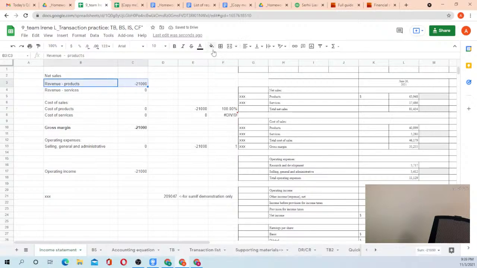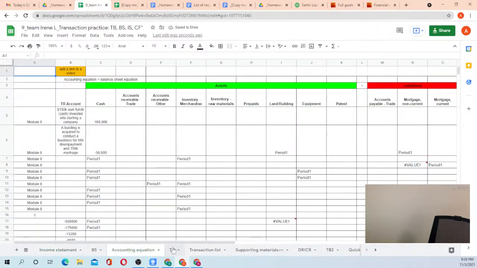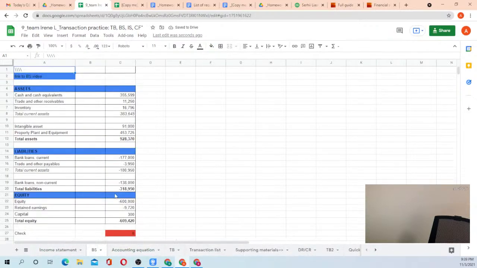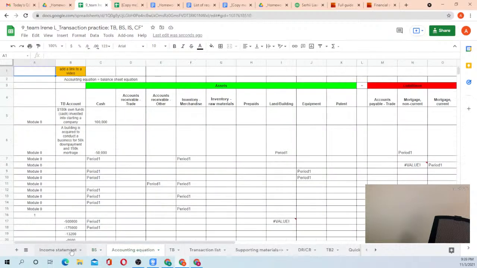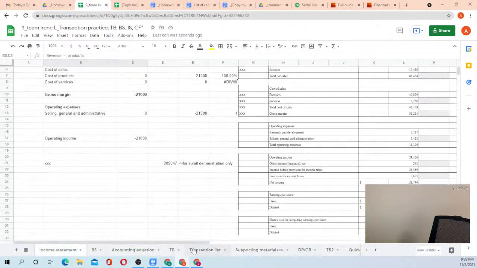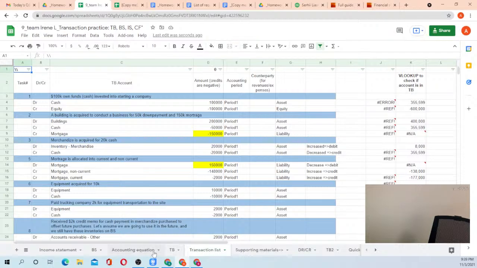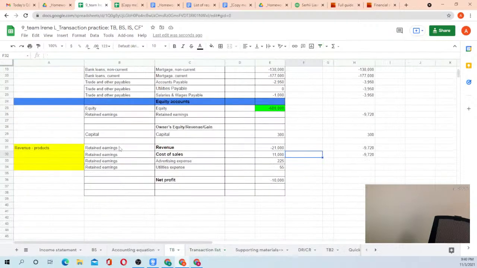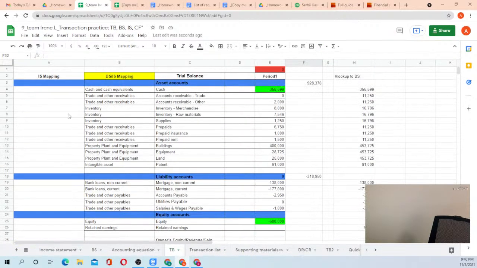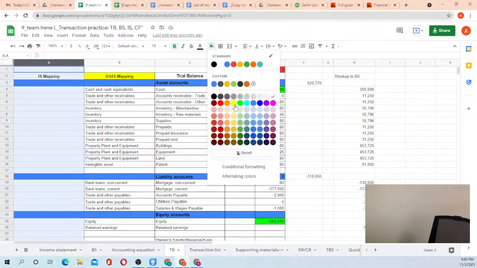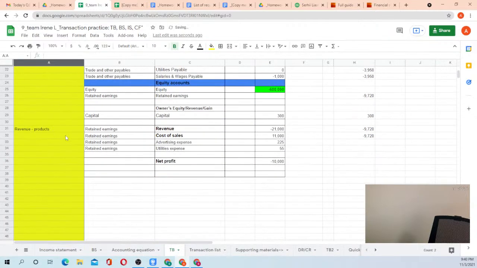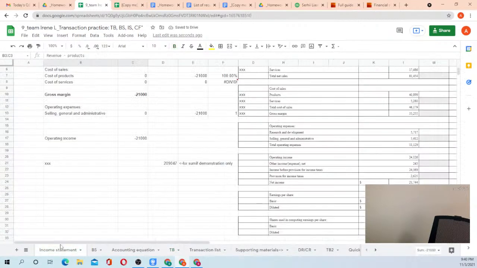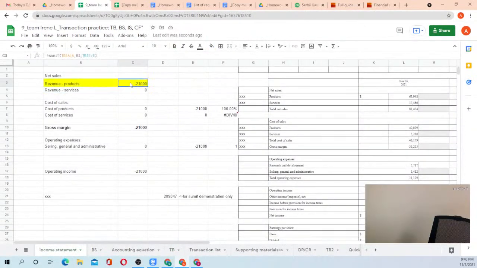I will highlight it in yellow, meaning I messed with that. Where is the trial balance? So I messed with that column. I will highlight it in yellow in full. And I also messed a bit with the income statement.